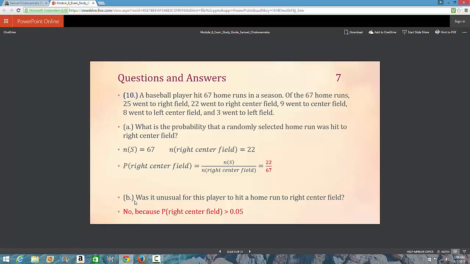B part of the question, was it unusual for this player to hit a home run to right center field?